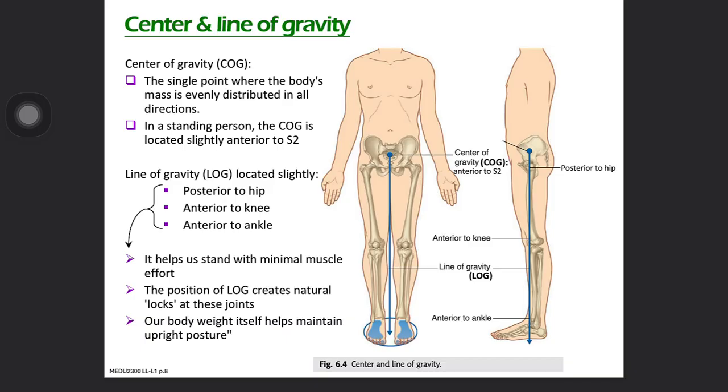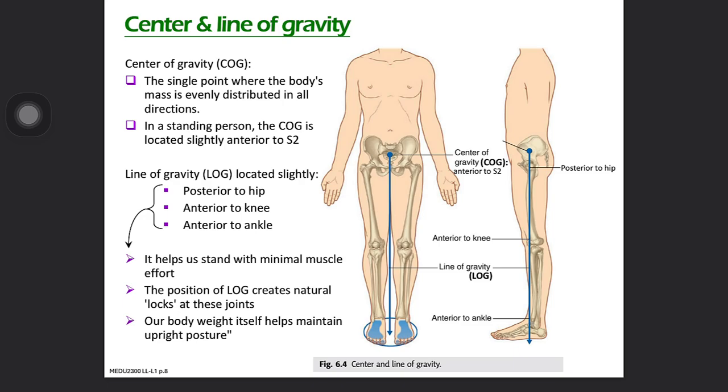So when you stand upright, where is the COG? Slightly anterior to the S2. Okay, so that's why some people may have different abnormalities of the spine. So the COG may alter a little bit, right?